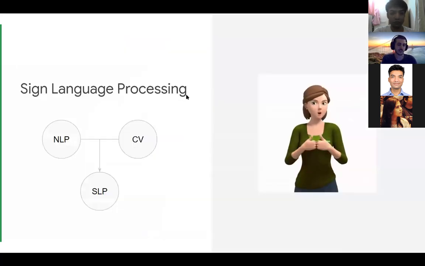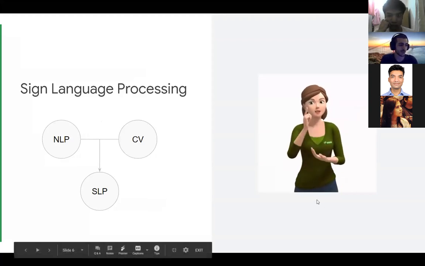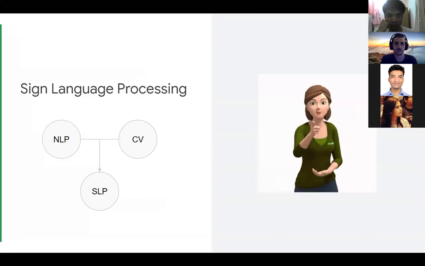The sign language processing field is a hybrid of NLP, natural language processing, and computer vision, because it is a language that is conveyed visually. The person on the right is signing "How are you?" in American Sign Language. That needs to be understood in a computer vision way: where is the woman, what is she doing?